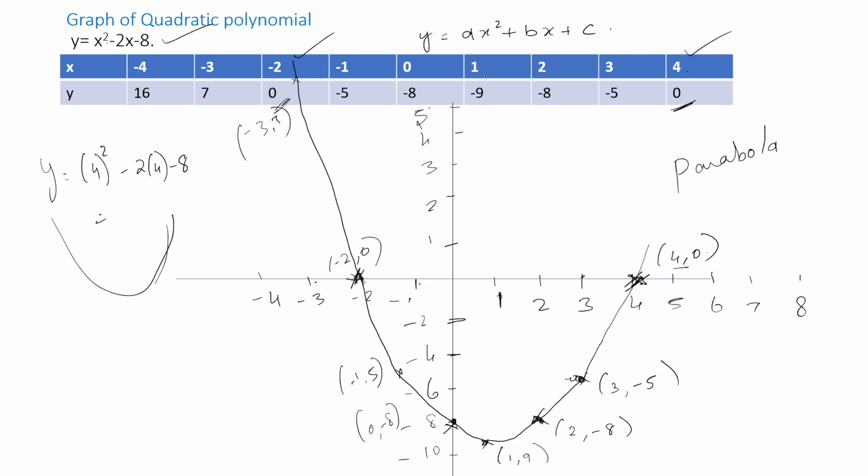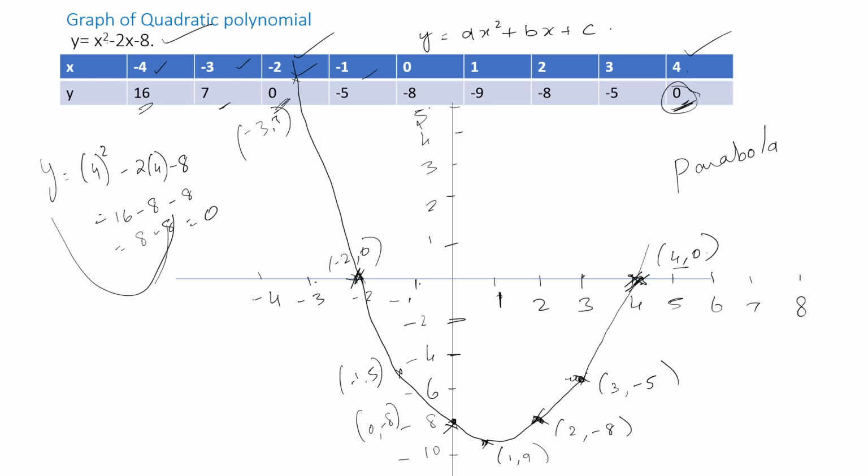like that only we have found this value. 16 minus 8 minus 8, so 8 plus 8 minus 8, so we get 0 over here. So I am substituting this value for x and getting the value of y, which I am plotting to check how the curve is and where it cuts the x-axis.